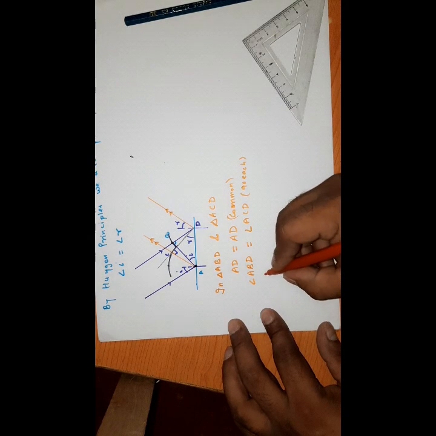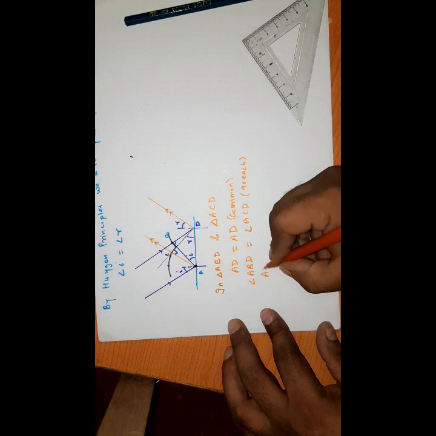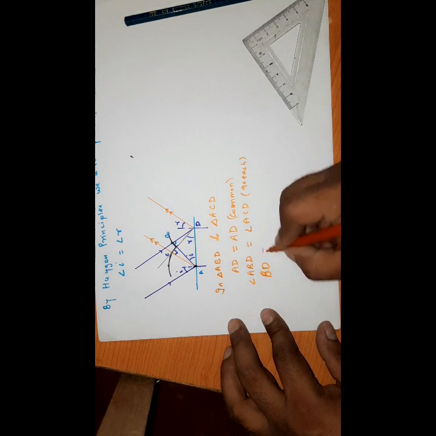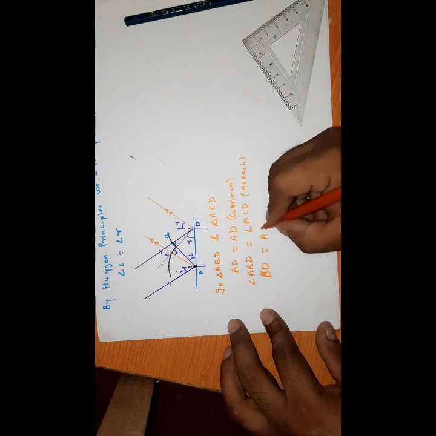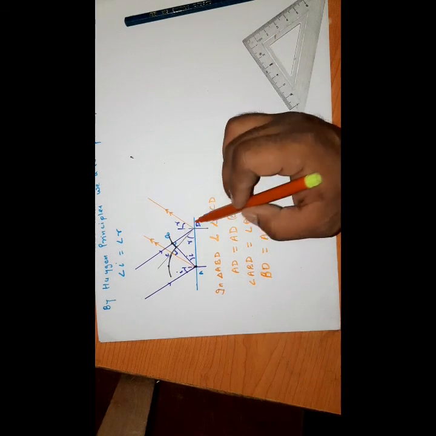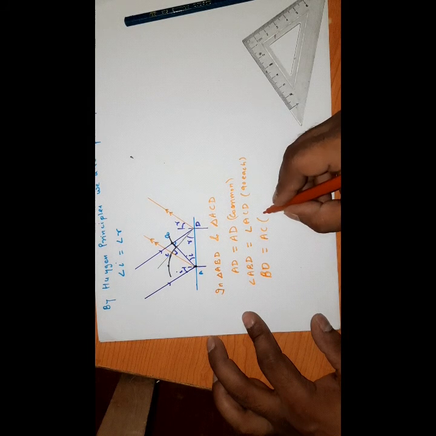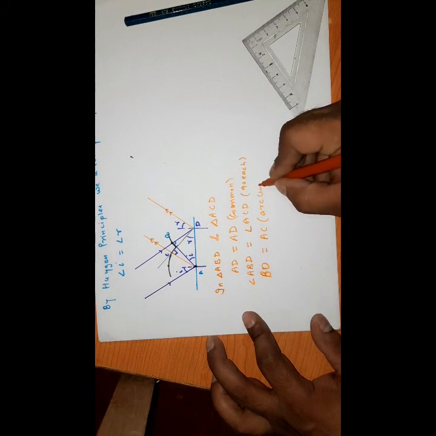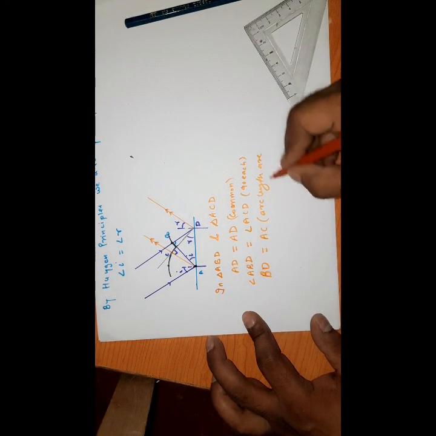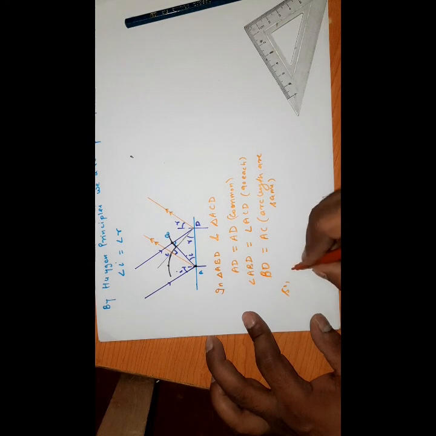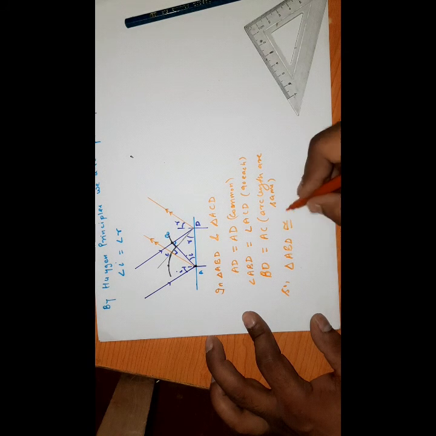And one more thing, that BD is equal to AC, because the arc length BD and arc length AC are the same. So we can say that triangle ABD is congruent to triangle ACD.